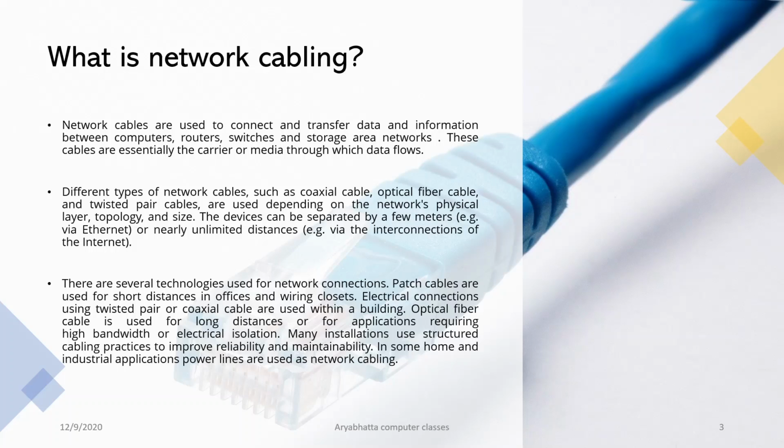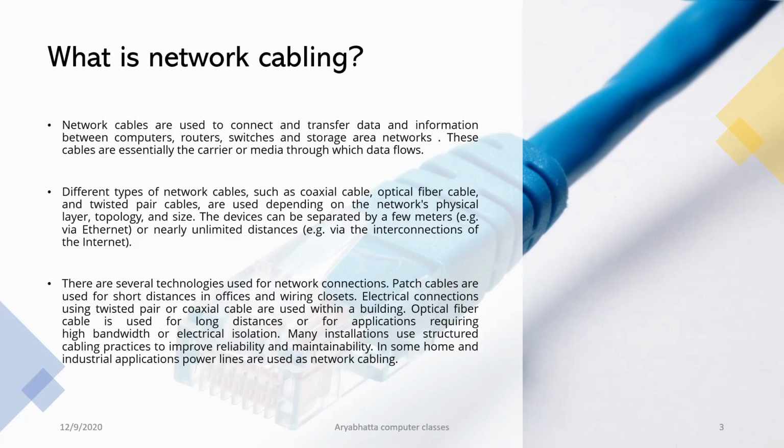These cables are essentially the carrier of media through which data flows. As I already told you, we have two types of data transmission: one is wireless and the second is network cabling, wired. Different types of network cables, such as coaxial cable, optical fiber cable and twisted pair cables, are used depending on the network physical layer, topology and size. Coaxial cable was used in the very beginning.